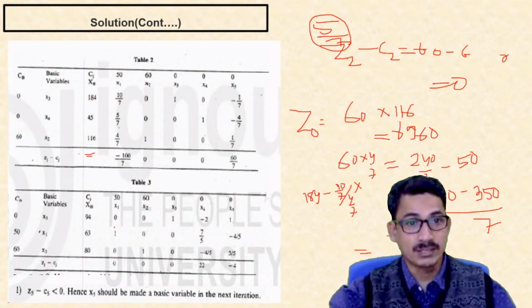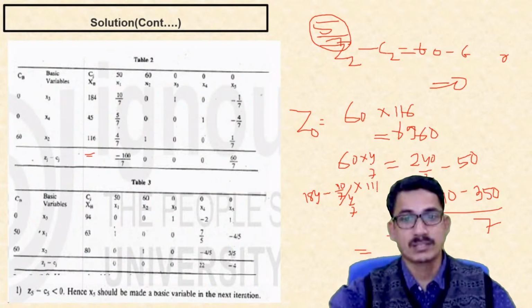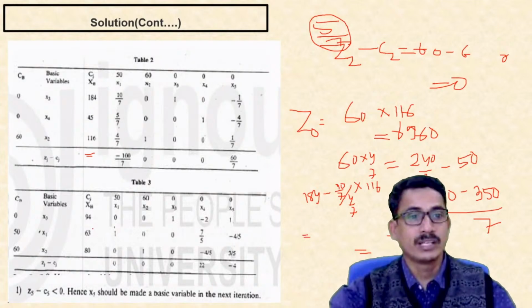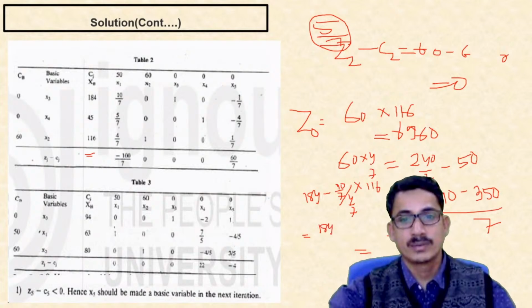When this minus this divided by this into this, obviously the value will come 94. Let us see how. Now 184 minus 10 by 7, okay, 4 by 7, if you reverse it, 10 by 4, into 116.